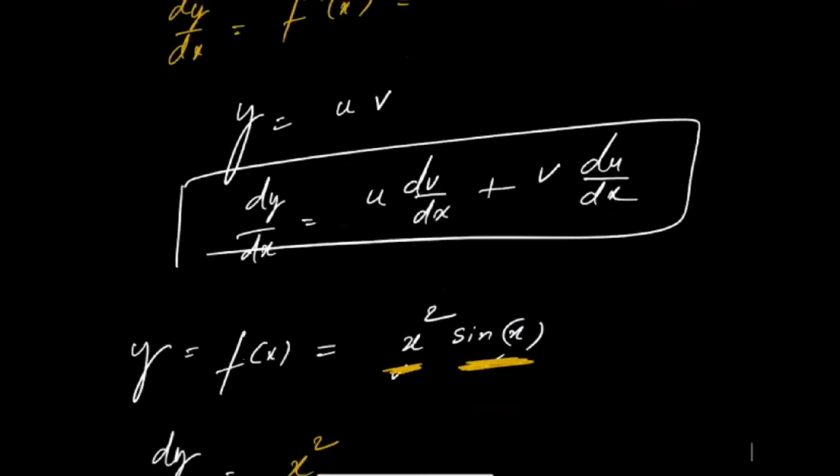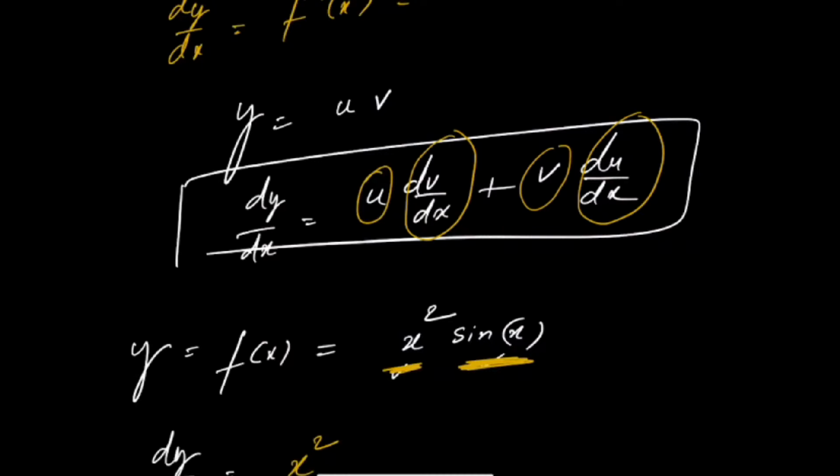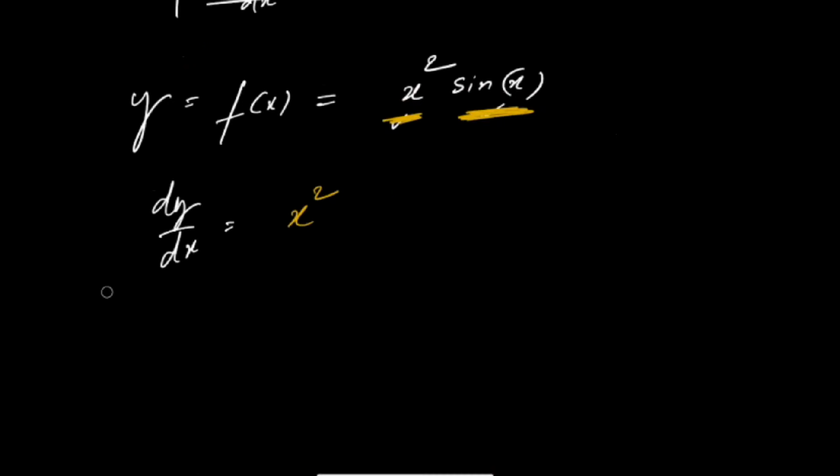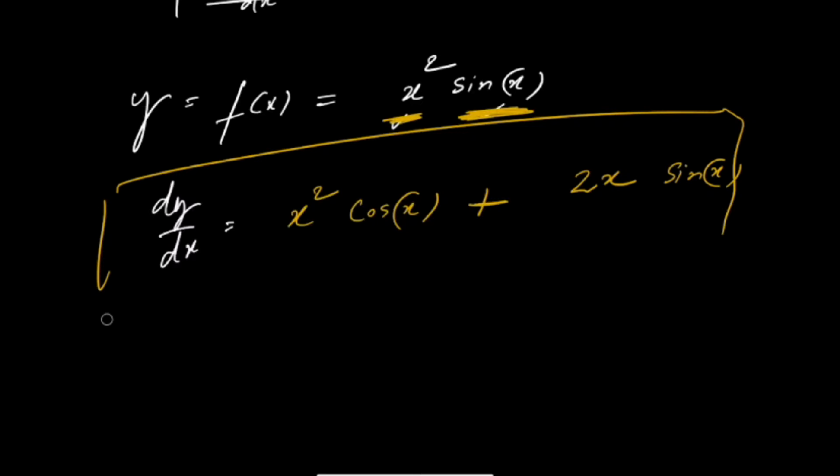Here you put u as it is and multiply by the derivative of the second function, plus you put the second function as it is and multiply it with the derivative of the first function. So I'm putting x square as it is, the derivative of sin x is cos x, plus I'm putting the second function as it is and multiplying it with the derivative of the first function. So this is your derivative.